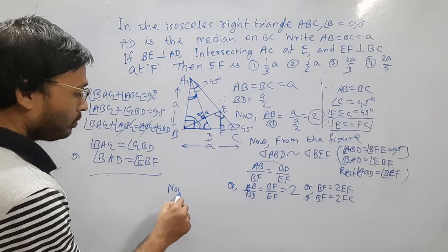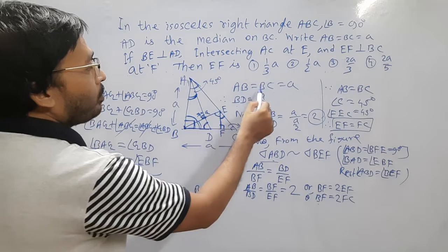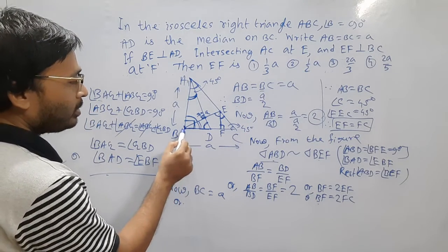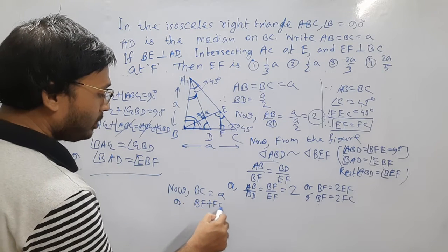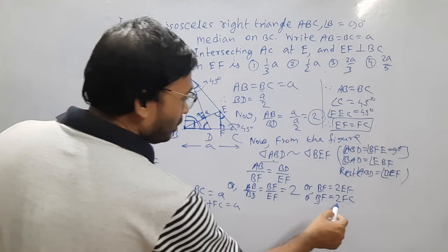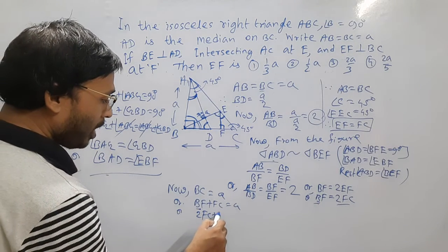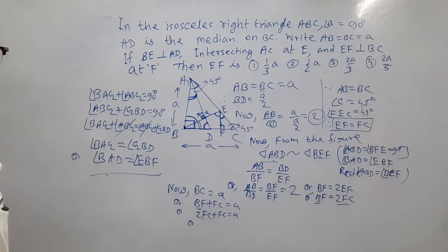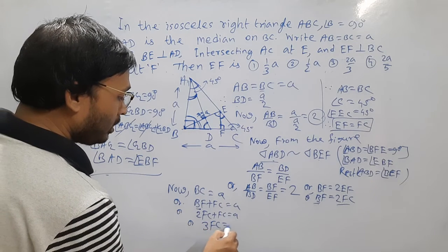Now BC is equal to a, and BC means BF plus FC. BF plus FC is equal to a, and BF means 2FC. So 2FC plus FC is equal to a, or 3FC is equal to a.